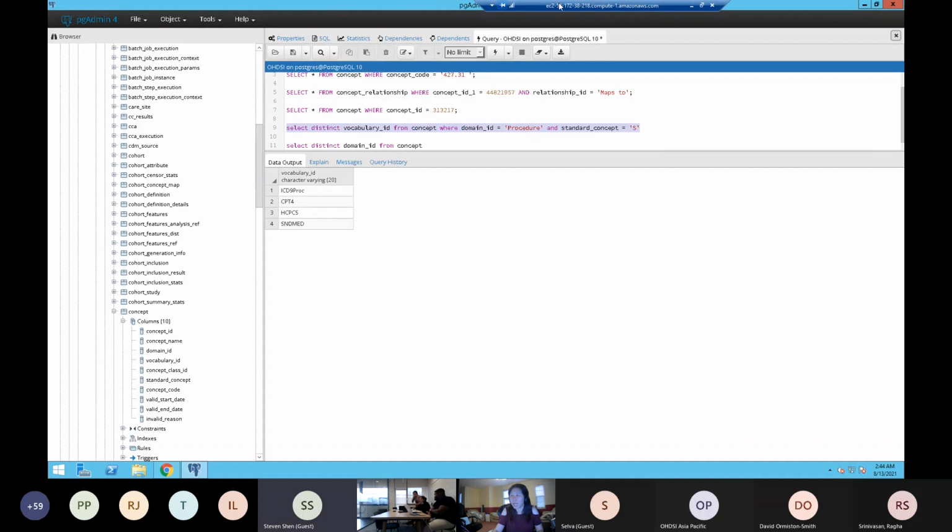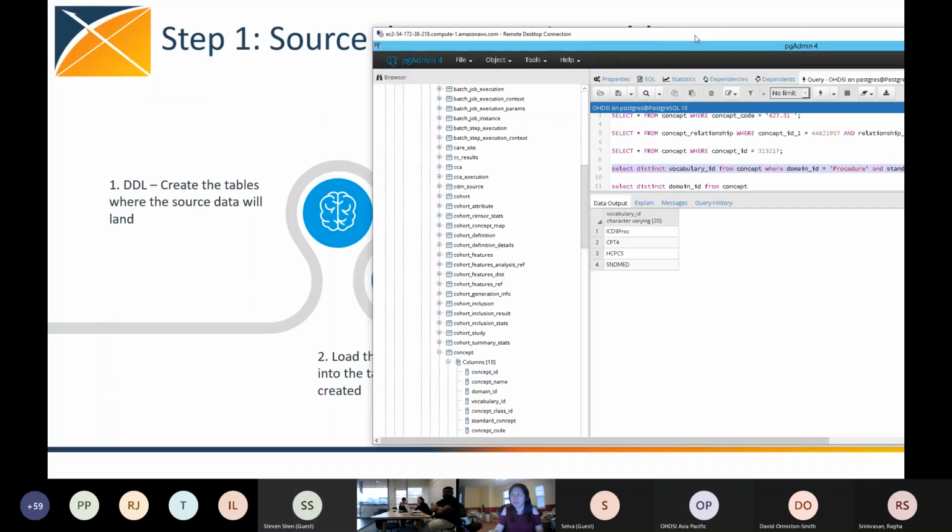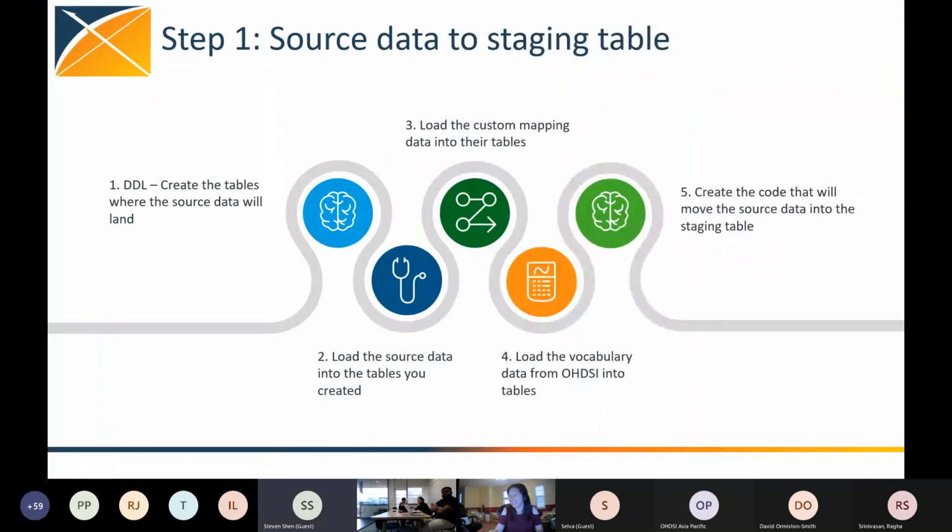One of the things that we do is run all your ICD-10 codes against that to see which vocabulary it maps to, because maybe some of them might map to CPT. I don't know. You would have to run that through.